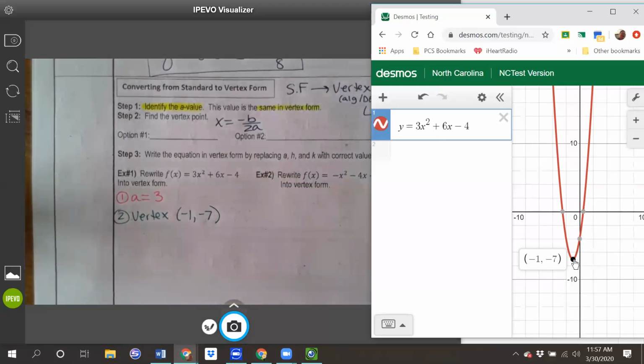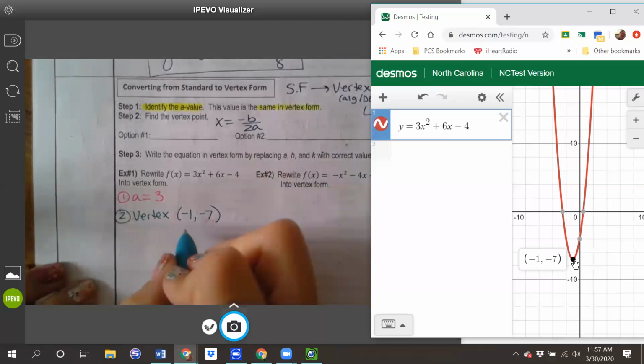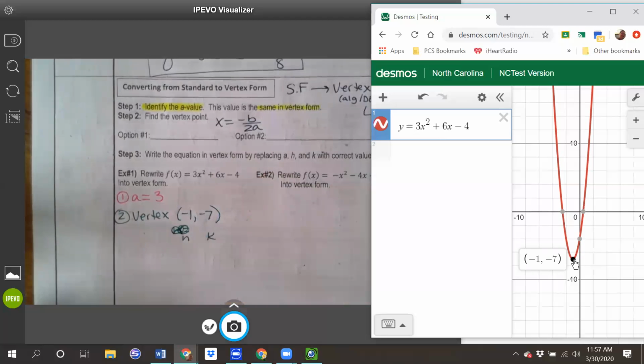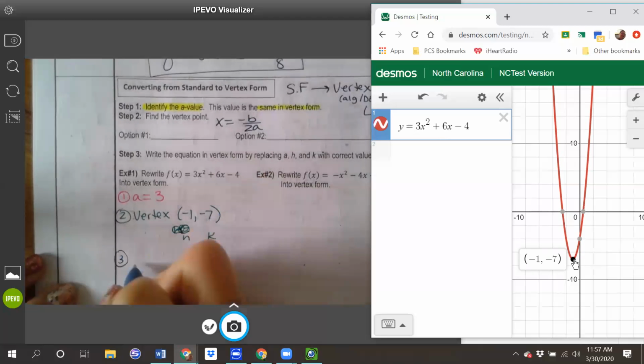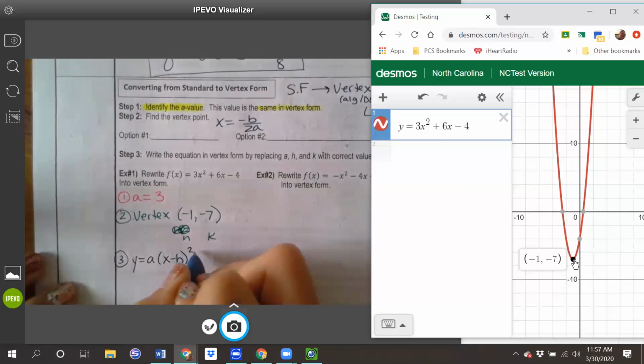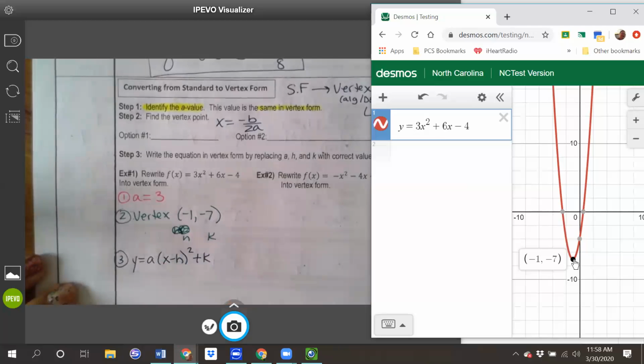And then I'm going to use my a, h, and k values. That's h, and that's k. So my last step is to write a times x minus h, square it, plus k.